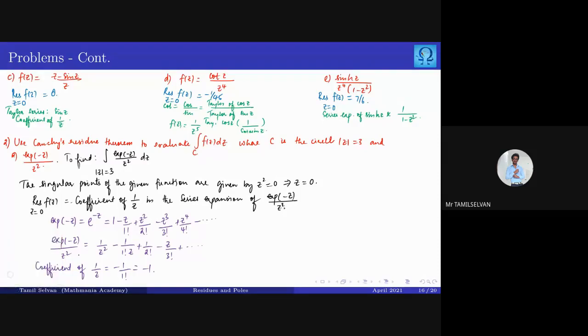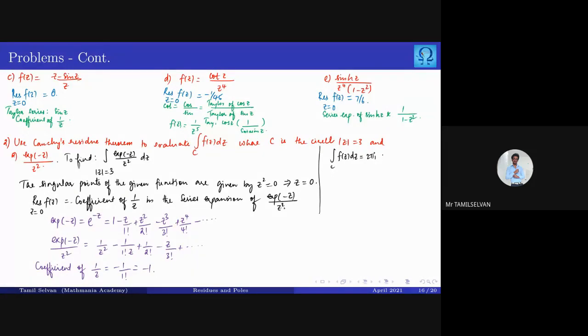Now let us calculate the integral value. In order to find the integral value, the integral of f of z dz is nothing but 2 pi I times the sum of the residues. Here we have only one singular point, and at that singular point the residue value is minus 1.